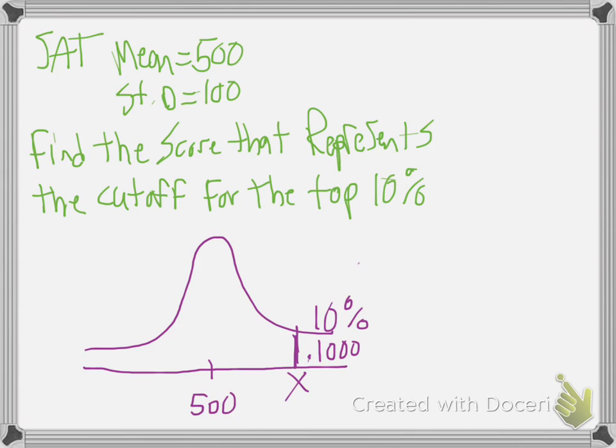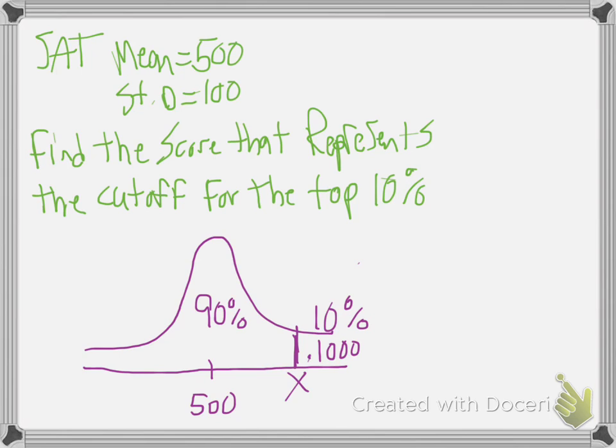Well, we got to go through a z first. And to do a z, we have to do inverse norm. But inverse norm only knows left area. So if 10% is on the right, then 90% must be on the left, which is an area of 0.9000.